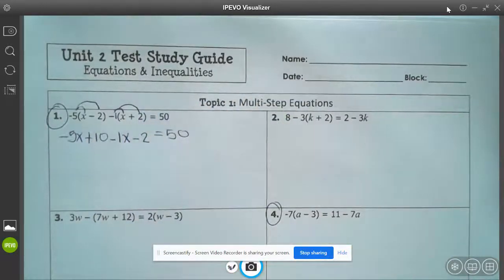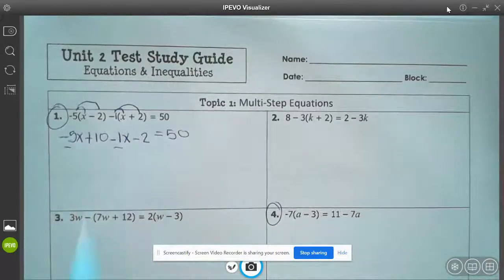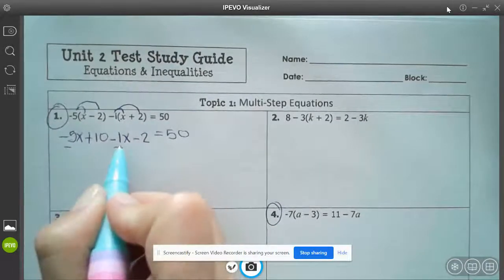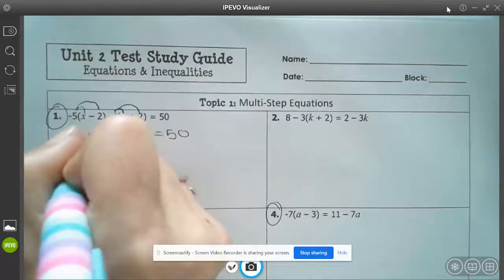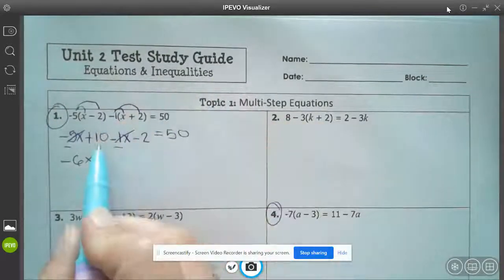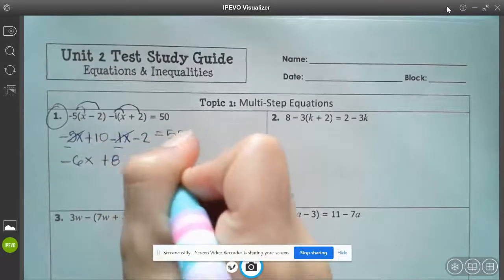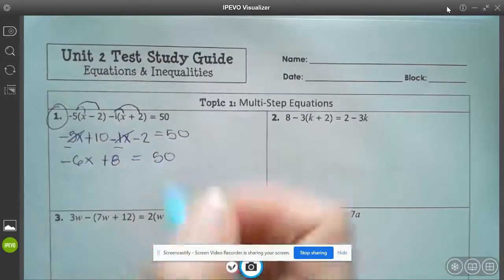And then we combine like terms on this side because we have to simplify each side, right? So that's -5 minus 1. So that's -6x. And then that goes away. And then 10 minus 2, that's +8 equals 15. And then now we start shuffling things around.